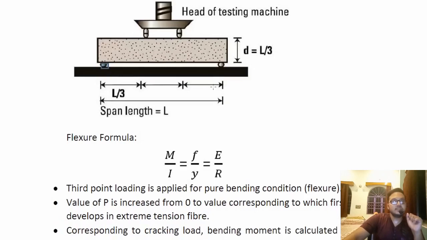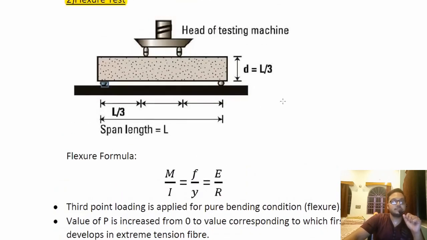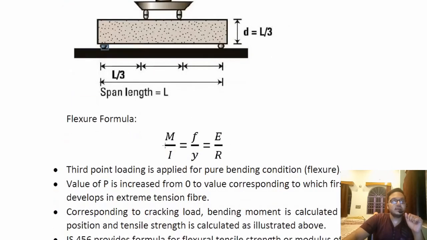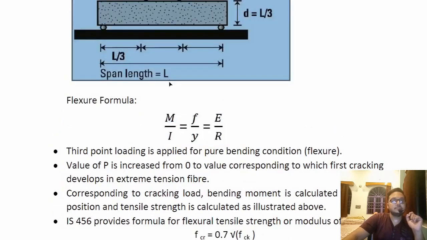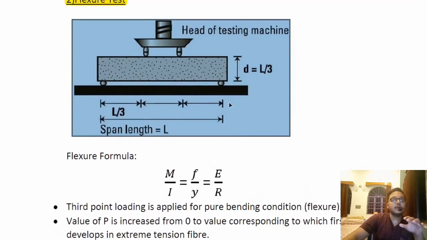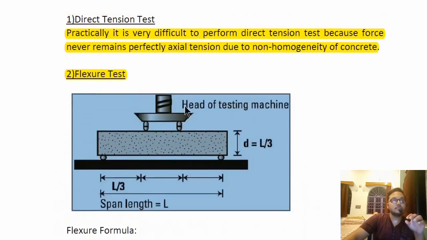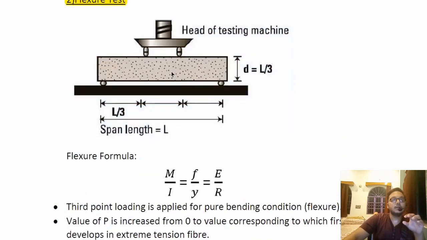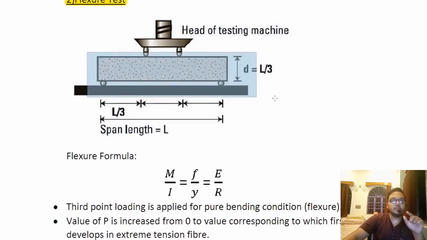Using the simple concept from strength of materials, we know the flexure formula: M by I is equal to F by Y, which is equal to E by R, and this is used to calculate the flexure for this particular prism.